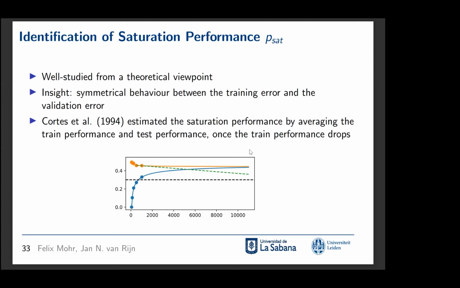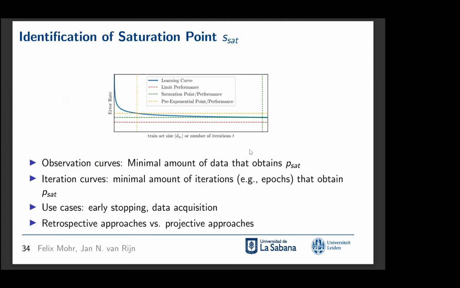The insight that Cortes et al. used is that there's this symmetrical part and they probably meet somewhere in the middle. So the moment that the error on the train set increases, they pick the average between the validation performance and the train performance, and assume that to be the saturation performance of a certain method. So that's one method of assessing the saturation performance.